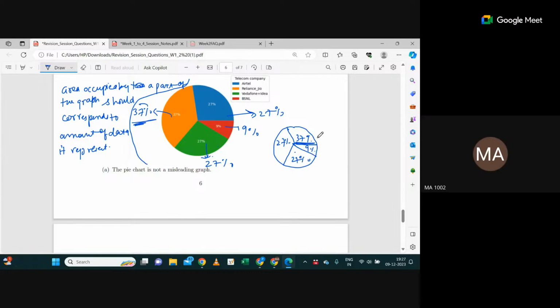Now, is this correct? No. This 27 and that 27 don't look the same, because that area looks smaller.